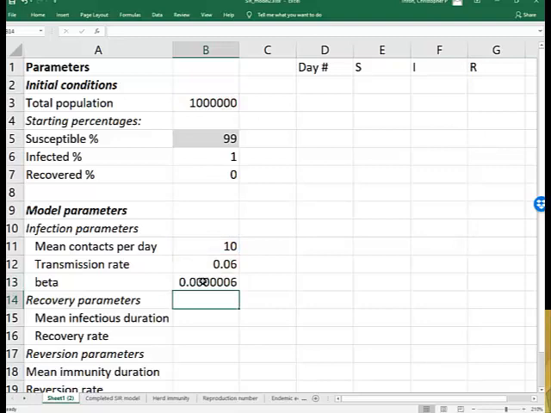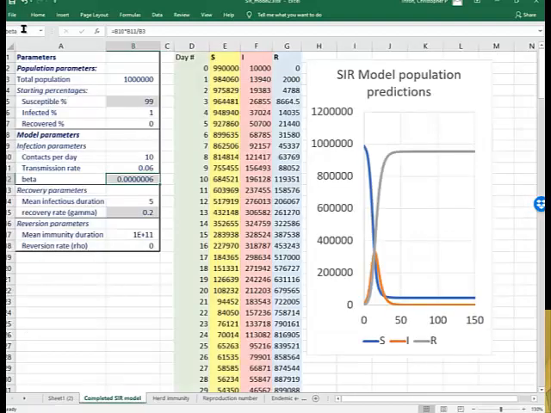Okay. So my beta is very small. All right. Now, since I'm going to be using this in my model, I'm going to call this beta, that's going to be used in my calculation of SIR over time.